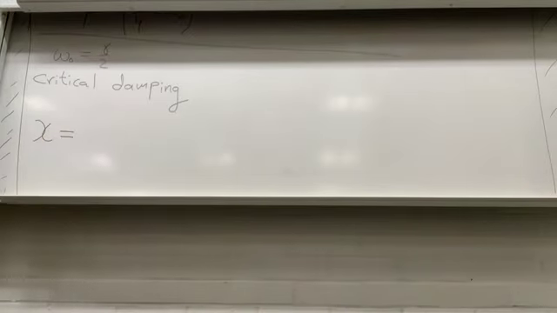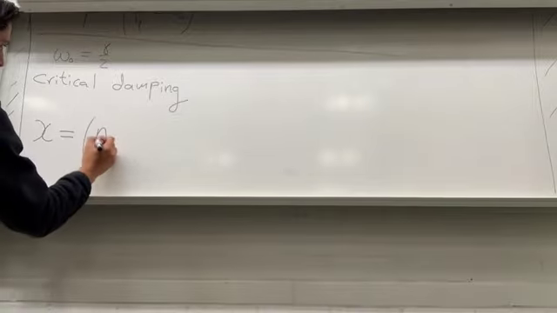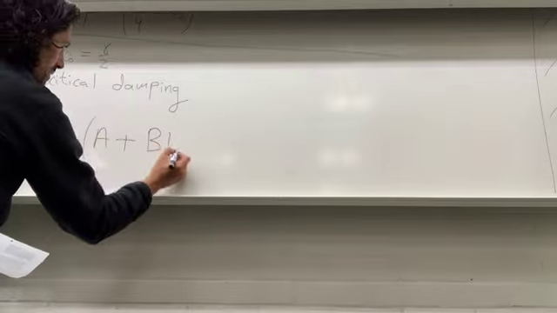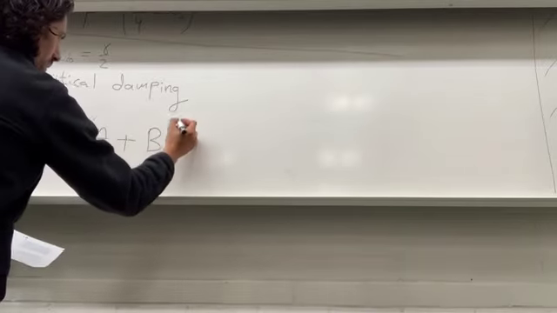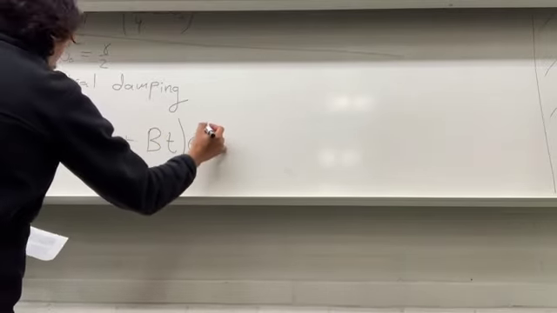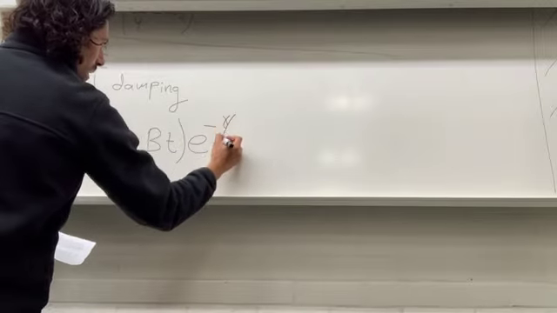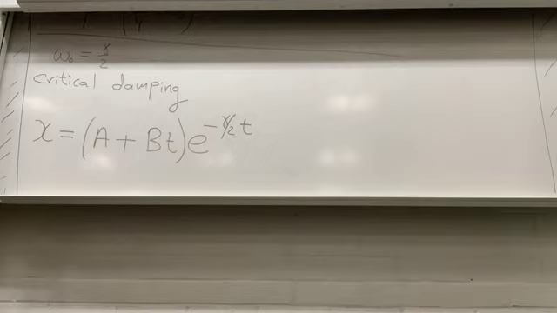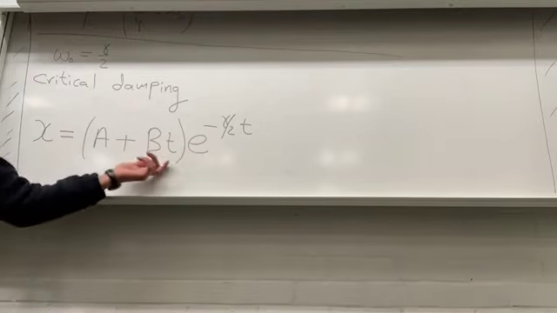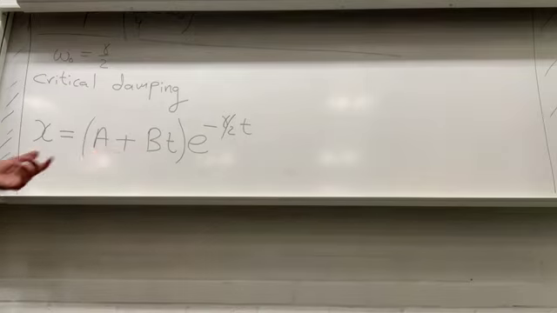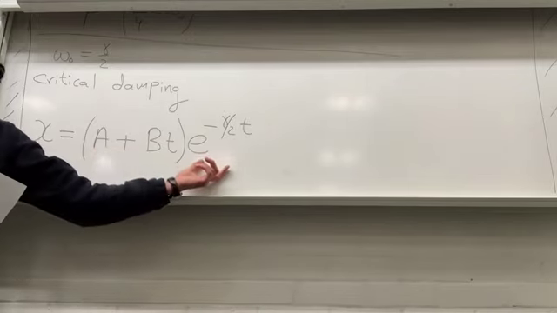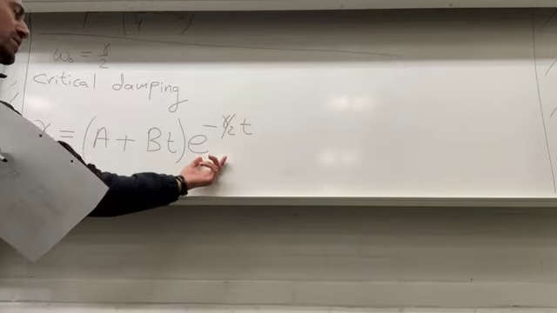I would like you to verify that. Some constant A plus B times t, e to the power minus gamma over 2 times t. So notice now you have two parts, unlike the overdamping, where you only have the exponentially decaying part.